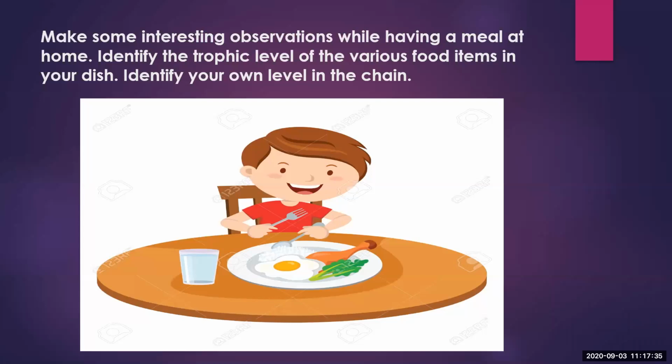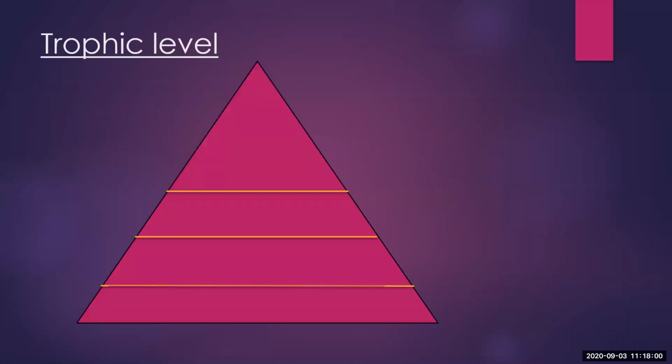If the boy is eating the meat, then he is a carnivore. So depending upon the source of food he is eating, we can decide at which trophic level we are consuming the food. Accordingly we will get the nutrition.